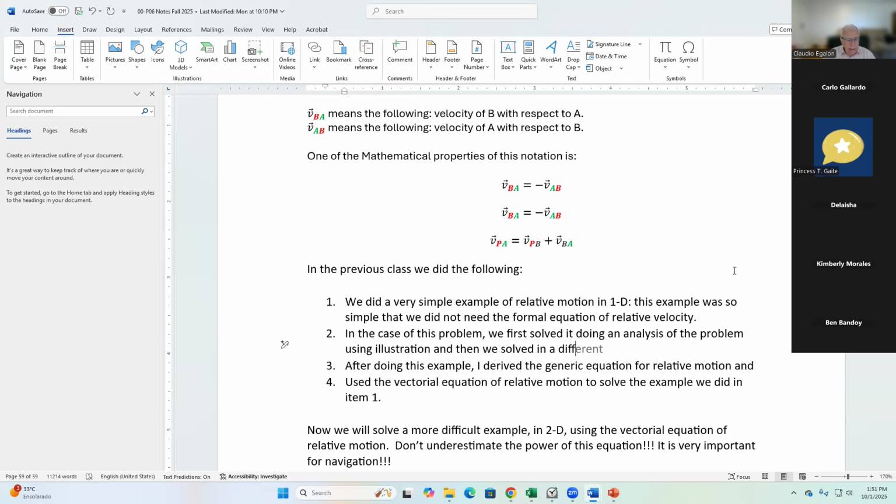In the case of this problem, we solved it in two different ways.